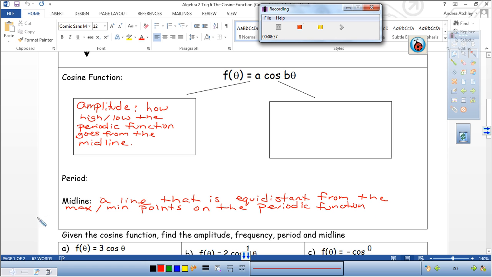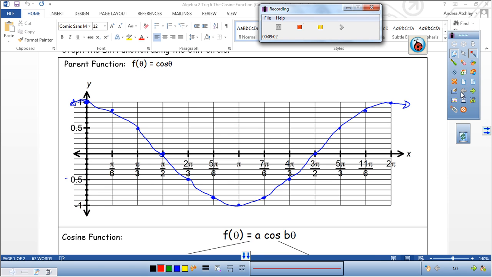Any questions on it? Okay, so let's go back to our graph that we just graphed. That was our cosine curve. The midline is right here in the middle. Remember for today we said that the midline is always going to be y equals 0, just like with sine. So the amplitude is our equal distance.